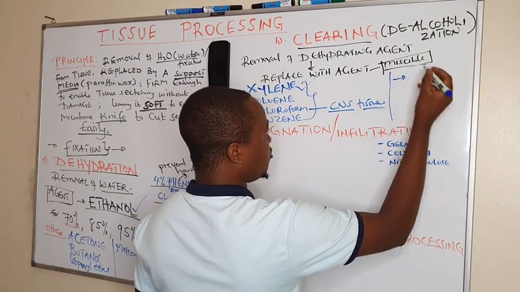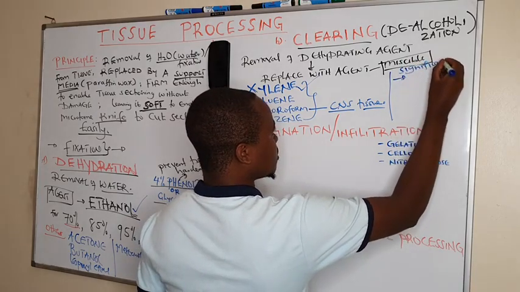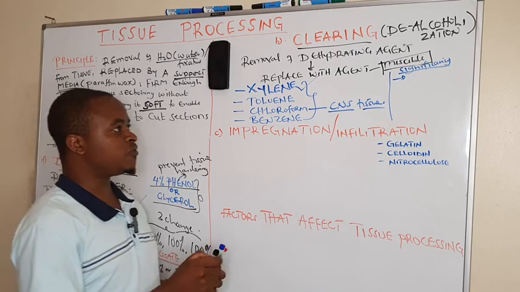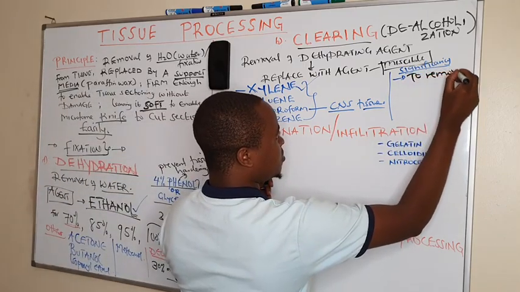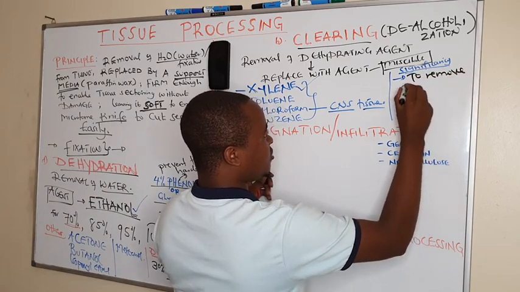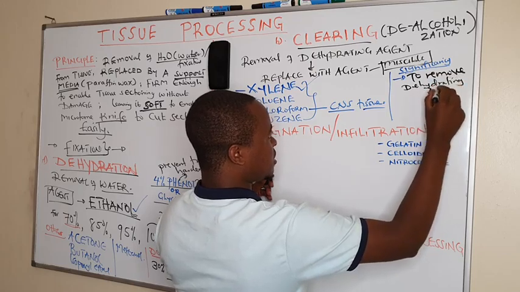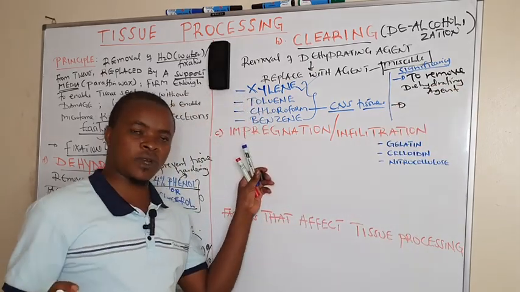One of the significances of clearing is to remove the dehydrating agent. That is part one, because the dehydrating agent is not miscible with paraffin wax.